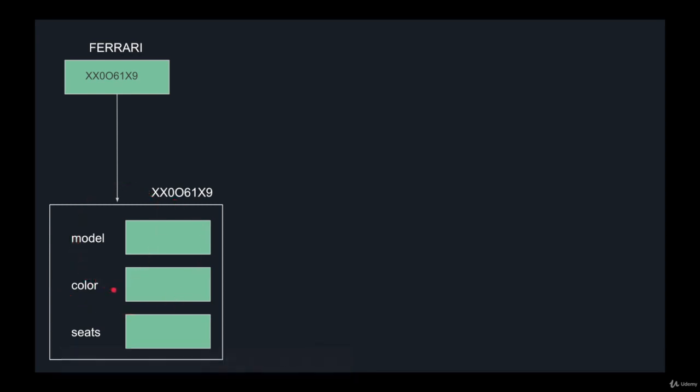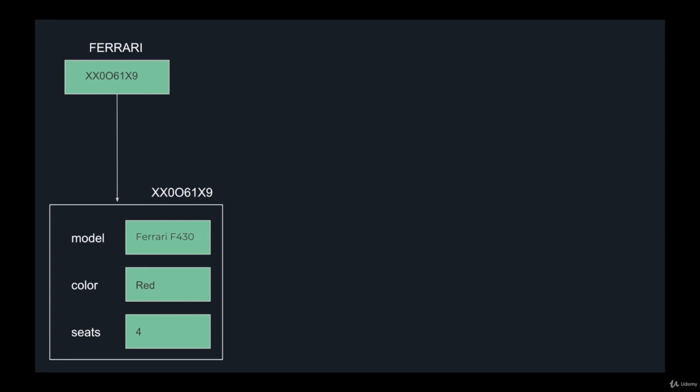This object has a memory address, and this memory address goes and sits into the Ferrari reference variable. So the Ferrari reference variable is just pointing to this particular object, and that is the reason why this is known as a reference variable, because it refers to a memory location of the actual object. Whenever you assign any data, this data will be sitting in these memory blocks which the Ferrari reference variable is pointing to.